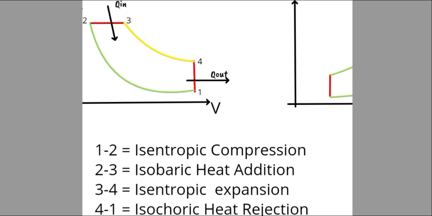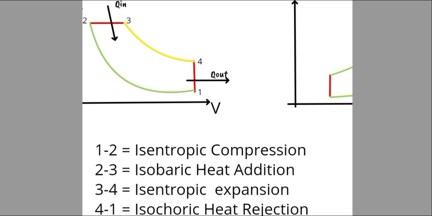So our compression ratio, our cutoff ratio and our expansion ratio. Our compression ratio is V1 over V2. Our cutoff ratio is V3 over V2. Our expansion ratio is V4 over V3.